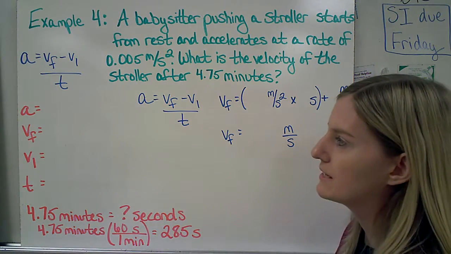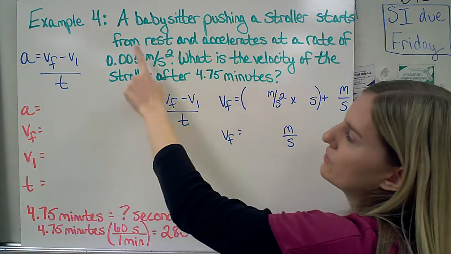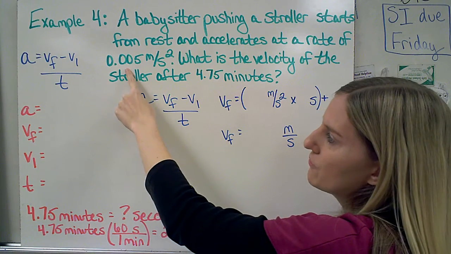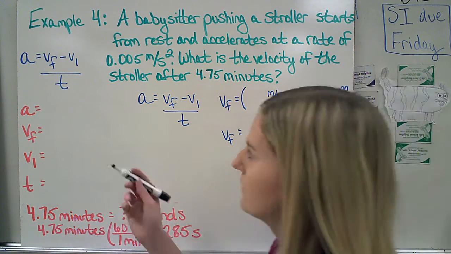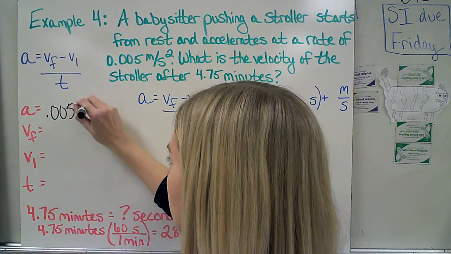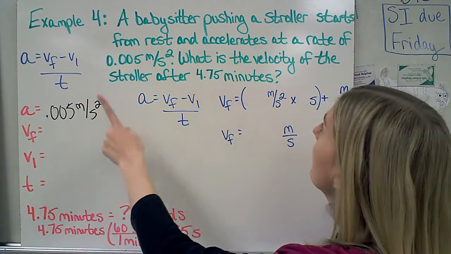Example 4. Same idea, I'm going to have to rearrange this. A babysitter pushing a stroller starts from rest and accelerates at a rate of 0.005 meters per second squared. So I'm going to write that in right now, 0.005 meters per second squared.